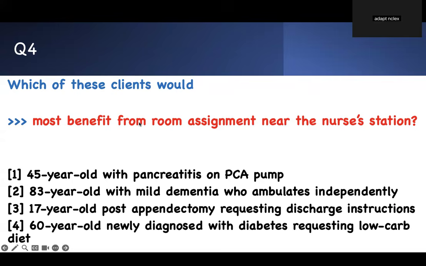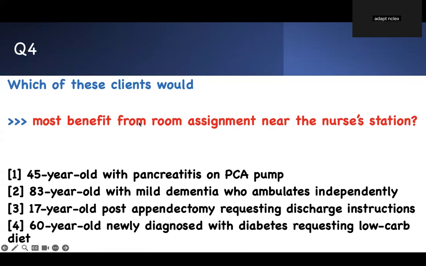Either they're pulling some IV, they're going to fall, they're going to commit suicide. Safety. I cannot tell you in that question, but you've got to apply this little common sense. Therefore, a 45-year-old with pancreatitis on PCA, it's a trap. You know he has a pump. Hey, so if you walk, he's going to fall.